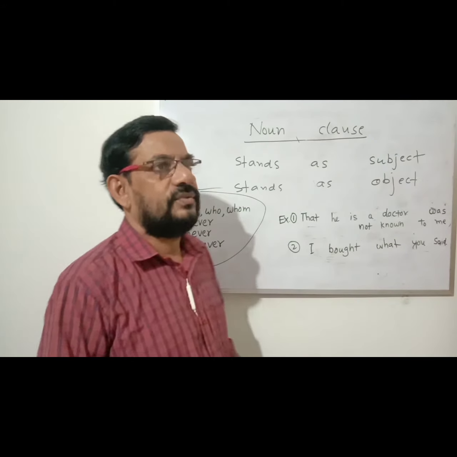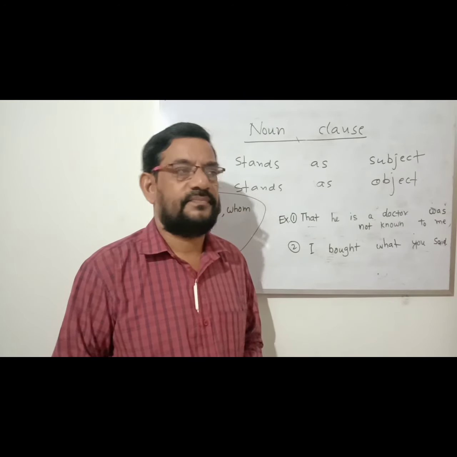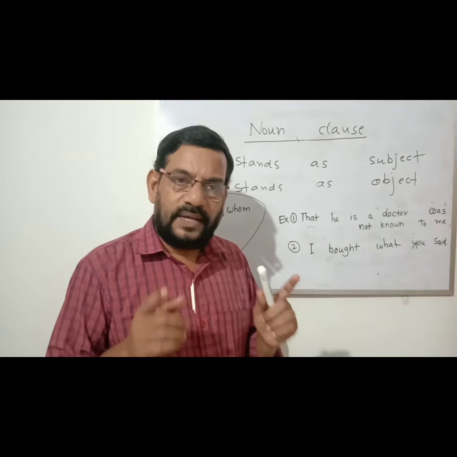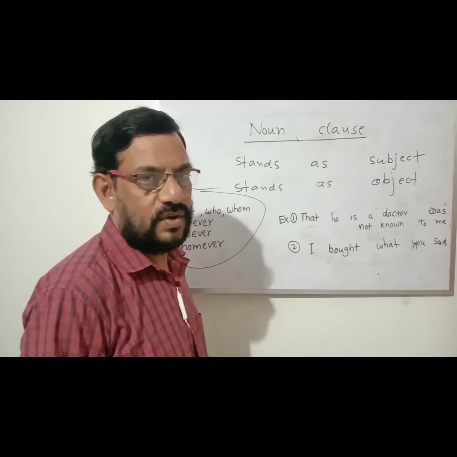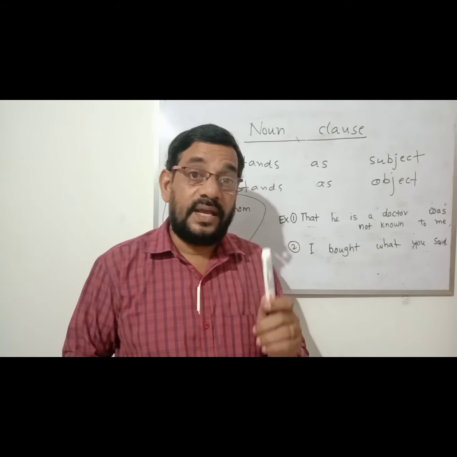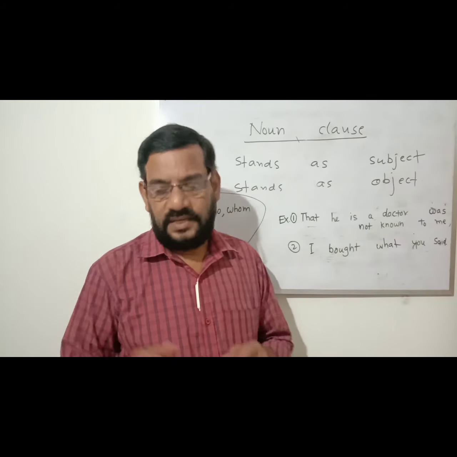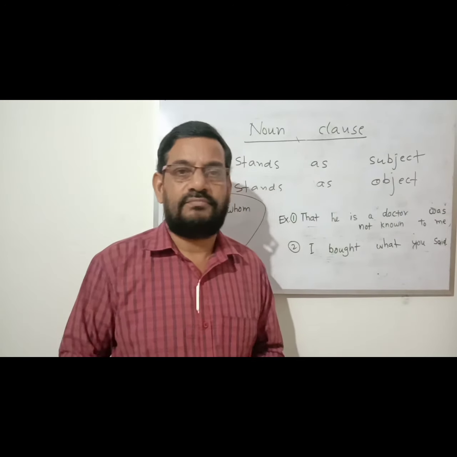Now we have to check what is the function of a noun clause in a sentence. Which are the places where noun clauses can come? For that we must know where a noun can come. In the place where a noun can come, a noun phrase or noun clause also can come.